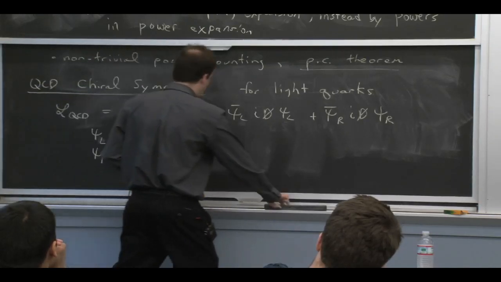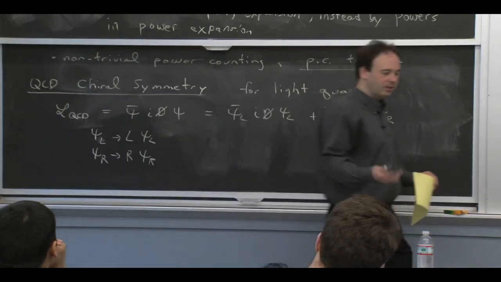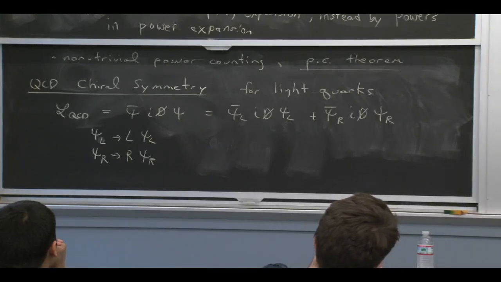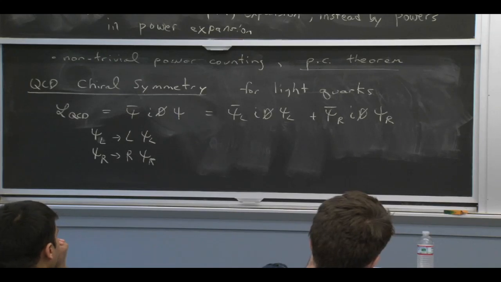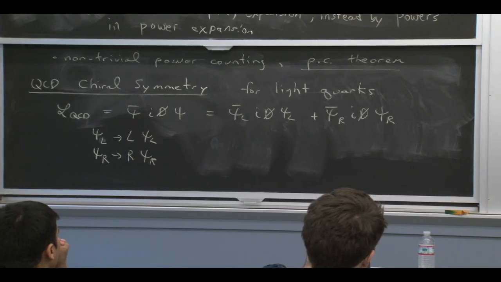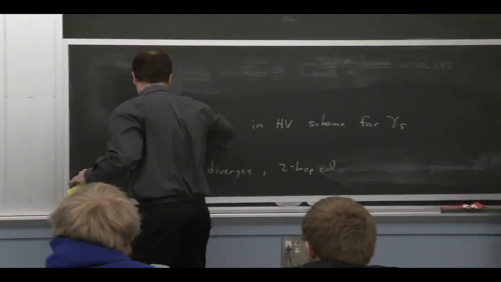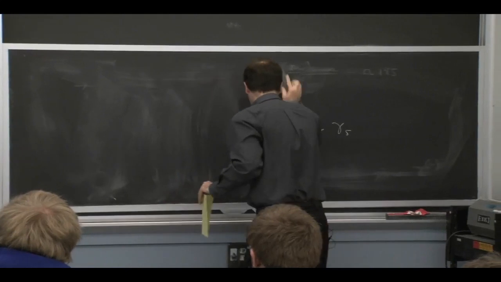Now, exactly what symmetry you have depends on how many components you're talking about in this psi field. If I say the psi field is light, then you might think of up and down, and that's one possibility. Or you could throw the strange in there and say, well, the strange is light too, and then you'd have up, down, and strange. And that's just the difference between SU(2) and SU(3), and both of these are viable choices.